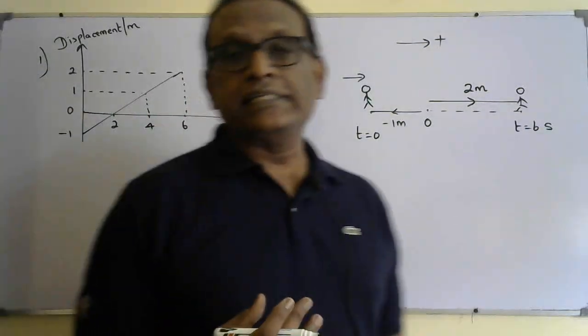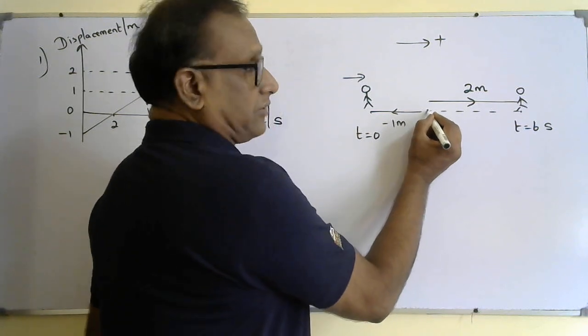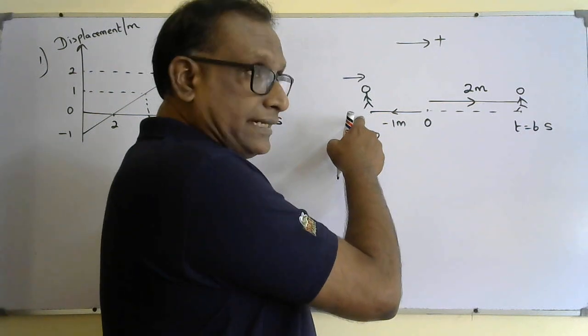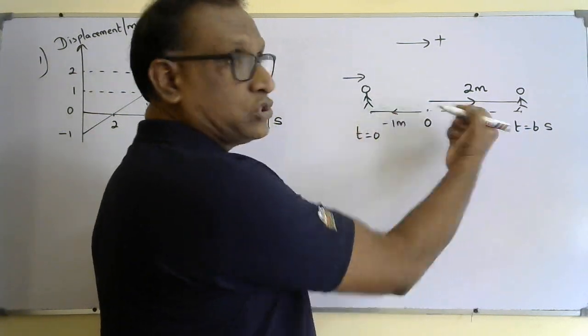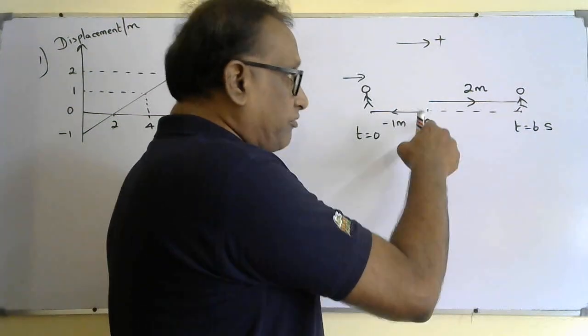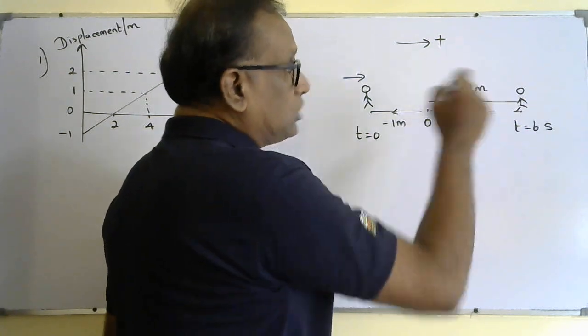Displacement is always measured from the reference point. Initially the displacement is minus 1, which means 1 meter towards left from the reference point. So finally the displacement from the reference point, which I marked as O, is towards the positive side, 2.